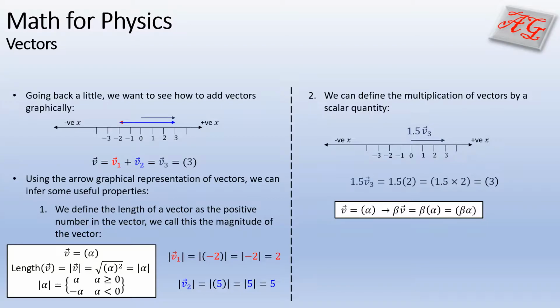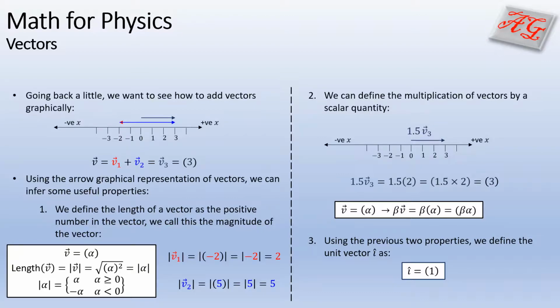Using the previous 2 properties, we can now define a very important kind of vector, that is the unit vector. A unit vector is a vector of length 1. In this case, we define the unit vector pointing along the positive x direction as an i with a small hat.